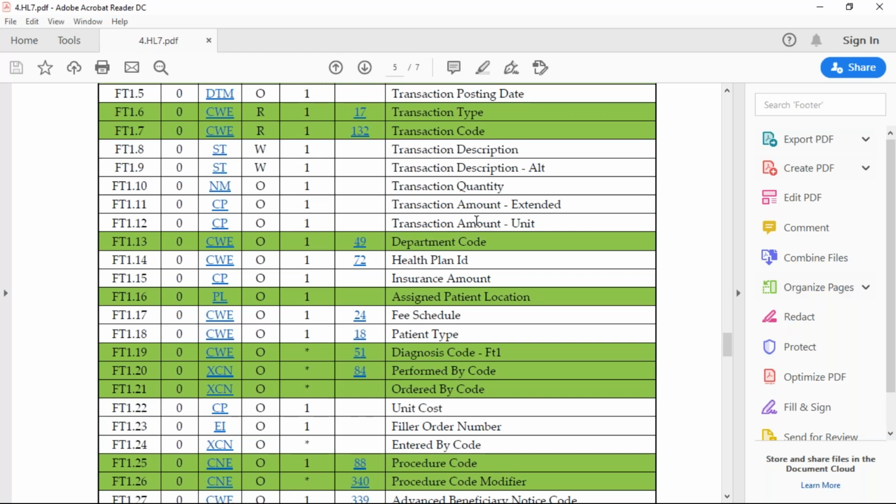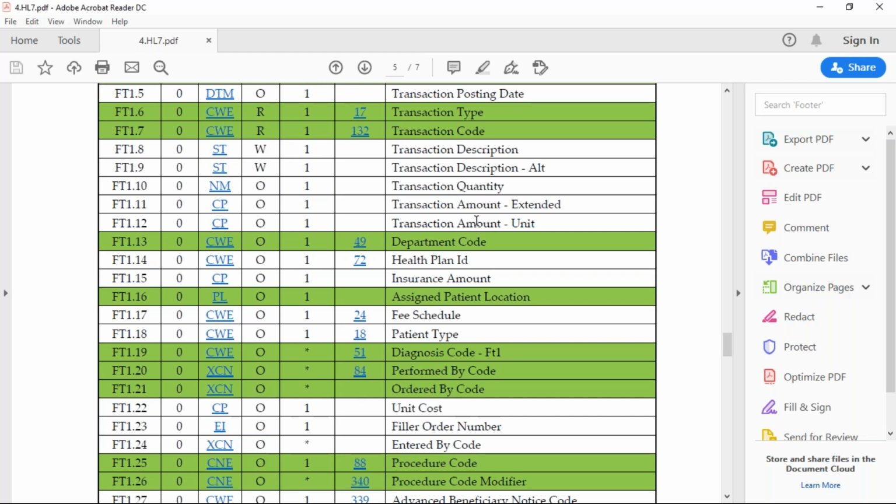At that point, EHR will not send any transaction amount. EHR will just send the transaction quantity which has to be charged, that information will be captured by the PM system, and the charge present in the PM system will be the final charge sent over to the insurance companies.